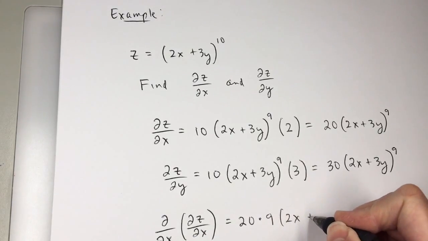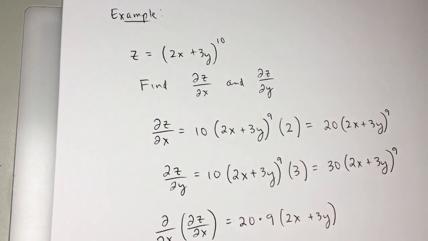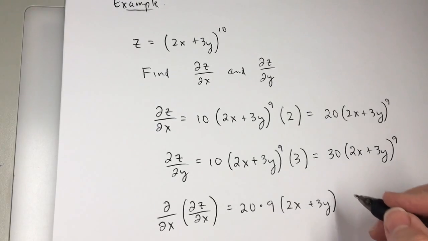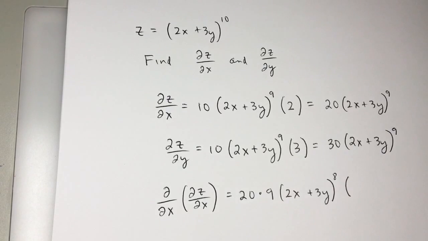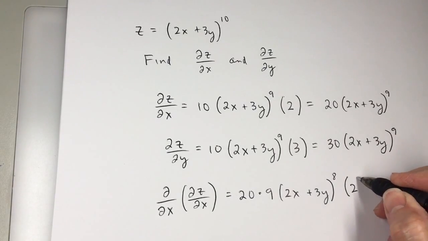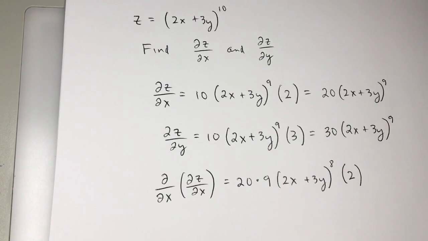Then I'll have 2x plus 3y raised to what power? The 8th. Times, now we're doing the derivative with respect to x. What's the derivative with respect to x of 2x plus 3y? 2. There's my answer. If you want to multiply it out, you can. Or if that's all we wanted, you could leave it like this.